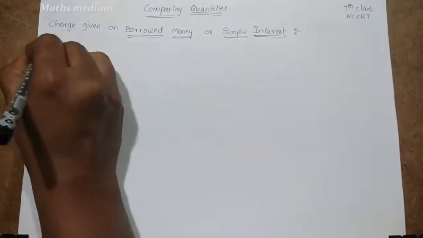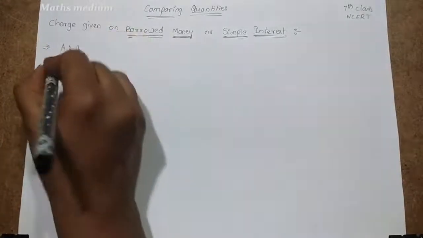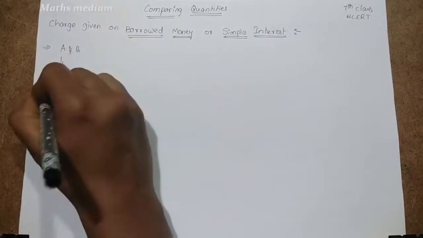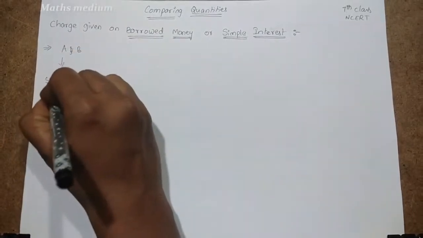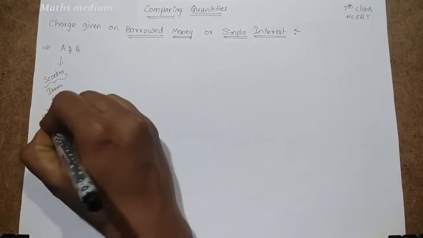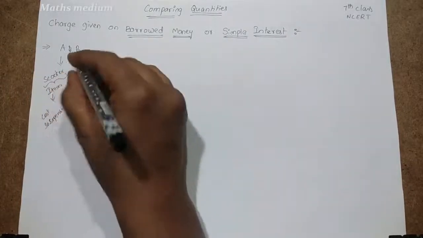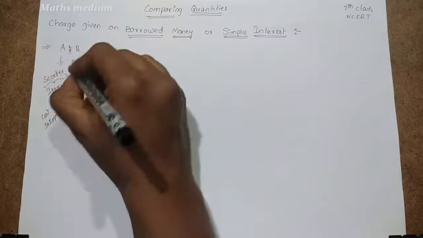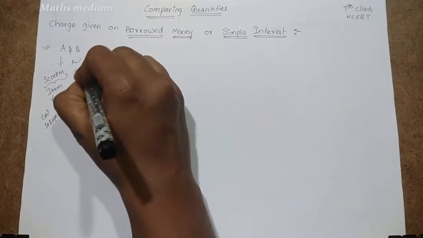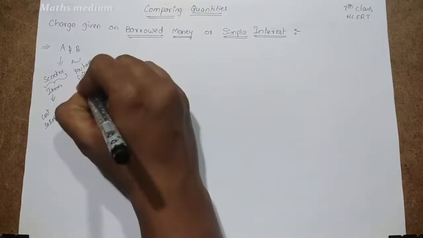If in case, take one example. Let it be A and B are two friends. A is going to buy a scooter, or for example one item. It must cost so much more than she thinks. But B asked A, do you have sufficient money or not?